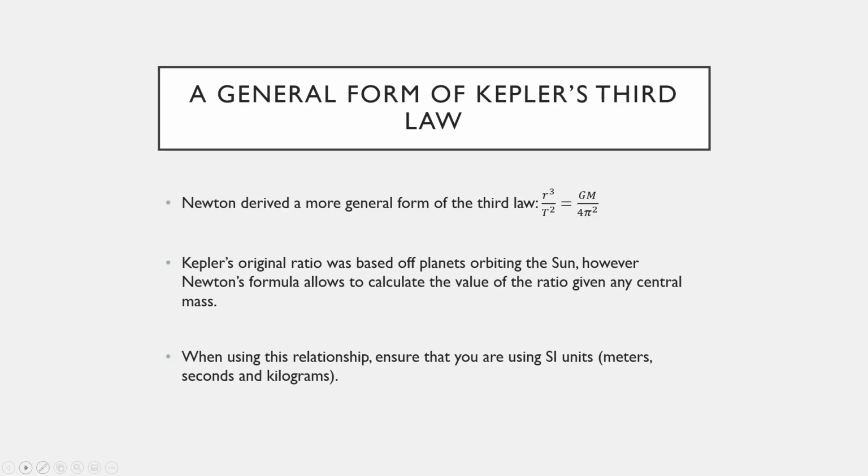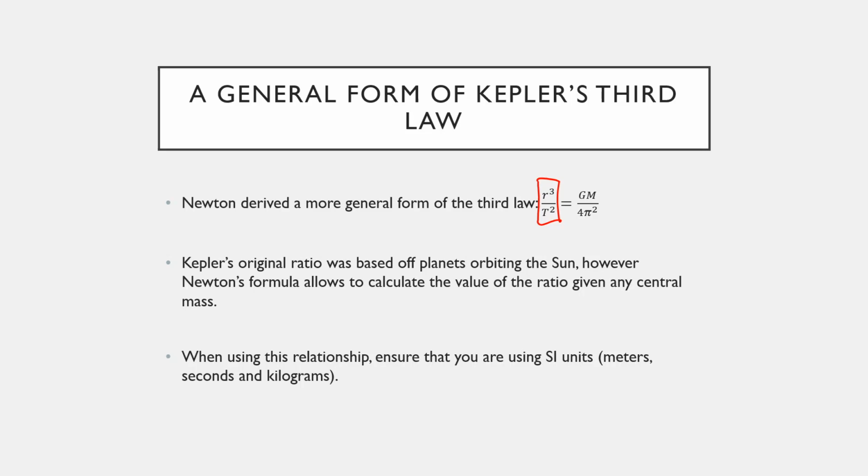When we talked about Kepler's third law, we said that this ratio of orbital characteristics for any particular group of satellites orbiting some central thing is going to be the same for all of those satellites. Originally Kepler framed it in terms of planets orbiting the sun, and he specified the units of R should be in astronomical units and T should be in Earth years.